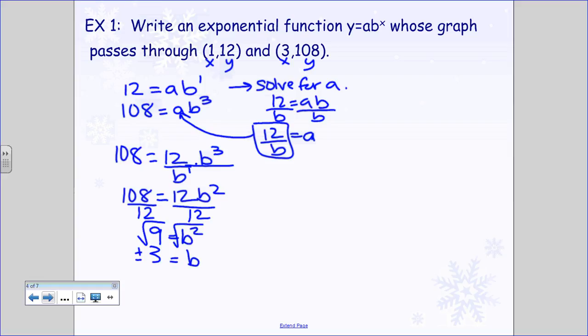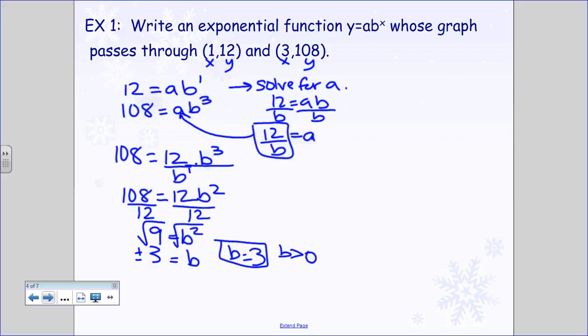But we want to use b equals 3 because we want b to be greater than 0. Remember, the base of our exponential is always greater than 0. So we're not actually going to use the negative 3. We'll use b equals 3 as our b value. It has to be positive. B is greater than 0.